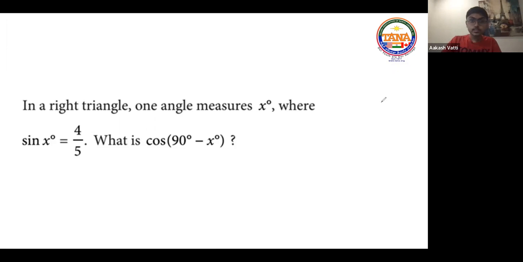Another 30 seconds. Seems like people are still solving. All right, although you guys probably got the right answer, the way you did it is probably wrong if you got that.